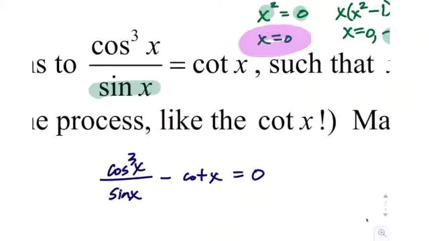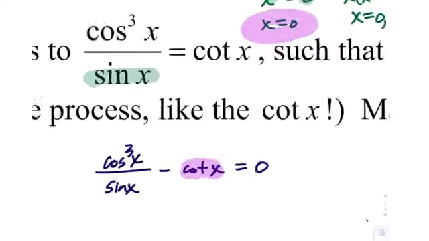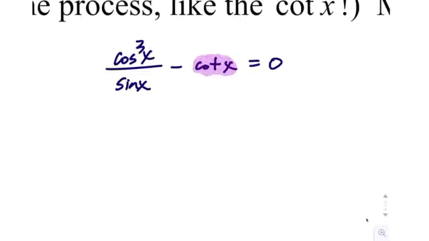Do we have any common factors? No. I'm kind of stuck. I wish I could make them look more like each other. Yes, here's where we're going to use identities. We didn't need identities on the first one, but here they're useful. Putting everything in terms of sine and cosine is still a good thing when solving equations.